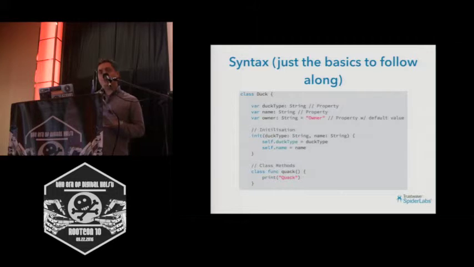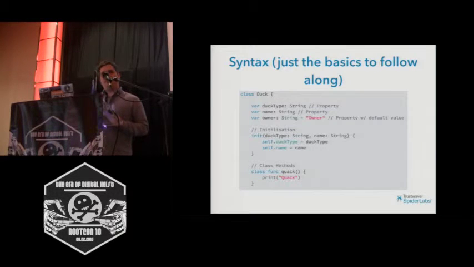Then you've got your initialization method, which is just init, and then you have your parameters. Being a compiled language, if you don't either set a default value or initialize all the values that you need to initialize, then you'll get an error. So it's taking the duck type and name because we didn't give it a default value or anything like that.